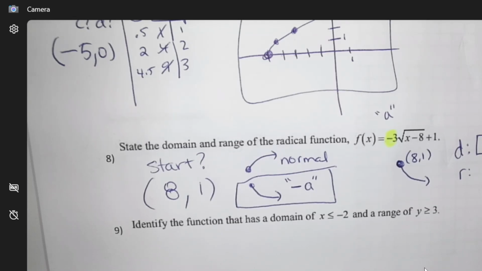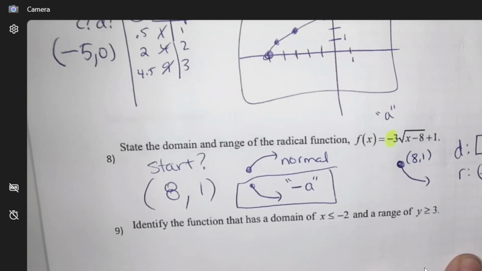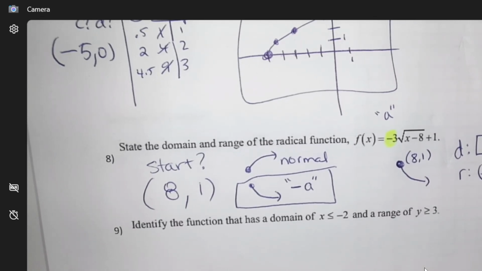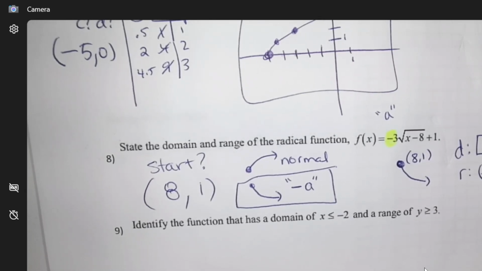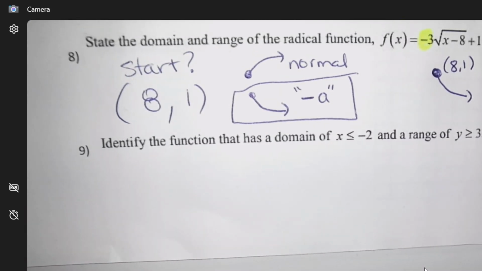And range, I'm coming from the bottom up to 1. Okay, and this one is very similar, except I gave it to you backwards.